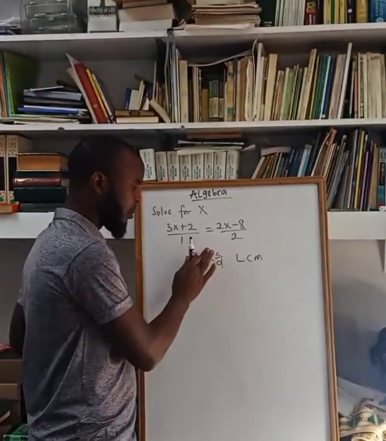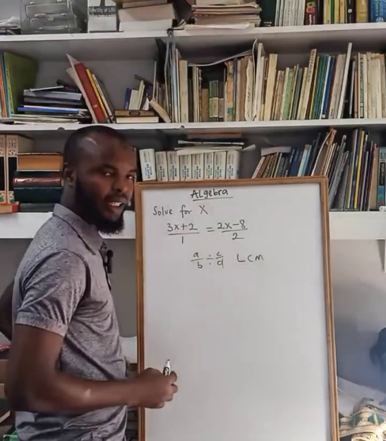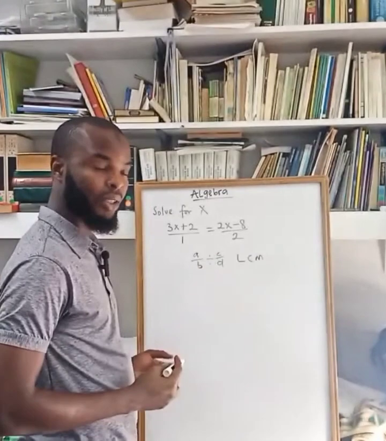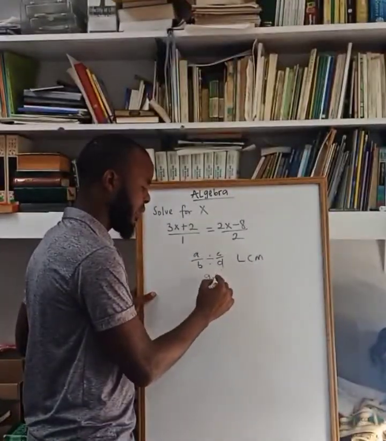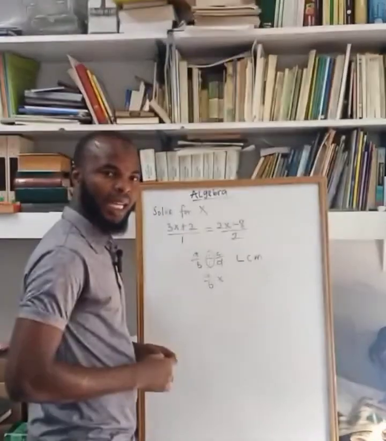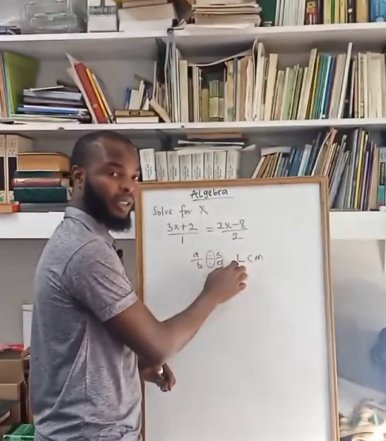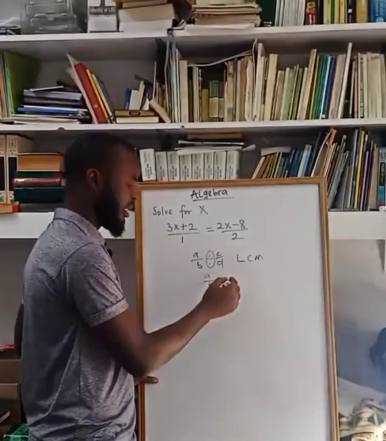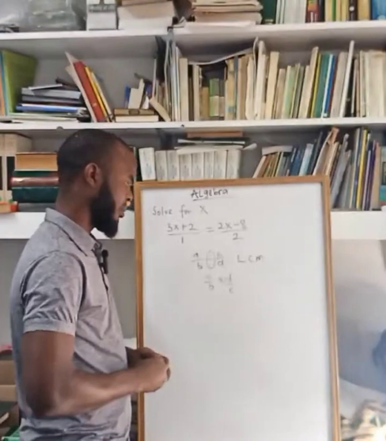And thirdly, if two fractions are separated by the division sign, you can do this as a over b, change the division sign to multiplication, and find the reciprocal of c over d. The reciprocal of c over d is the same thing as d over c.